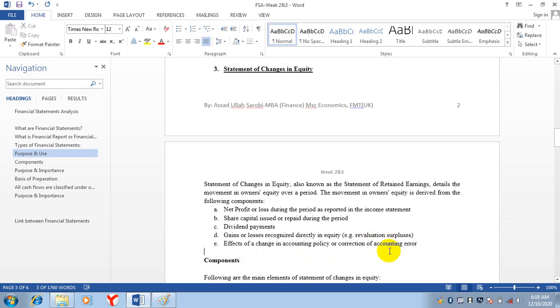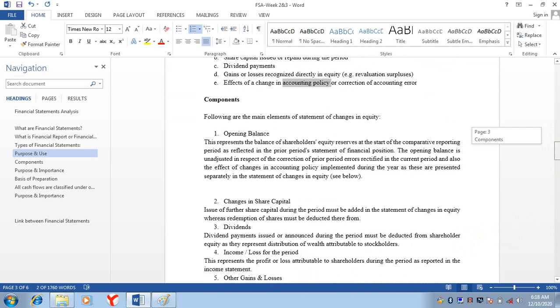So what we do is adjust that in the current period. Same is the case here. If there is a change in accounting policy and there is some impact, we will also adjust that impact.